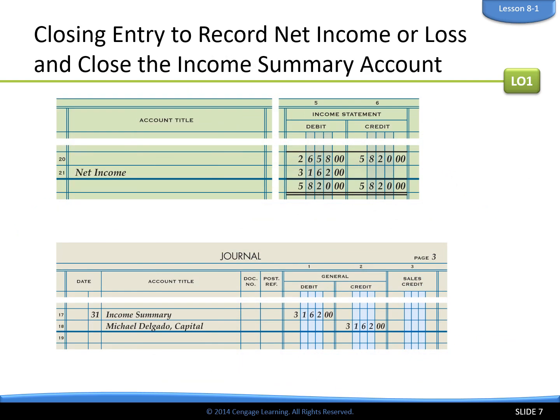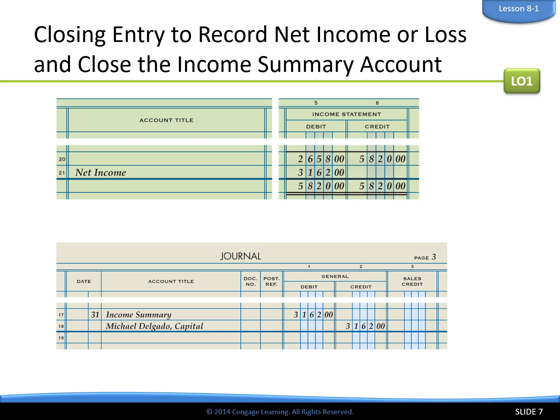All right, so take a look at this one. Okay, now we have closed our sales to the income summary. We have closed our expenses to the income summary. And now we're going to take a look at our net income, okay, which is sales minus expenses, right?